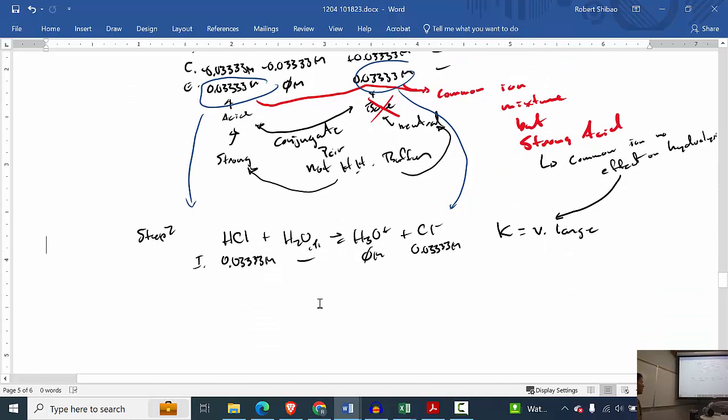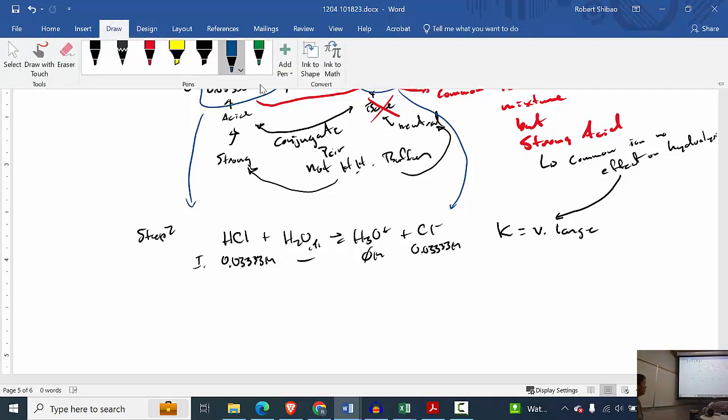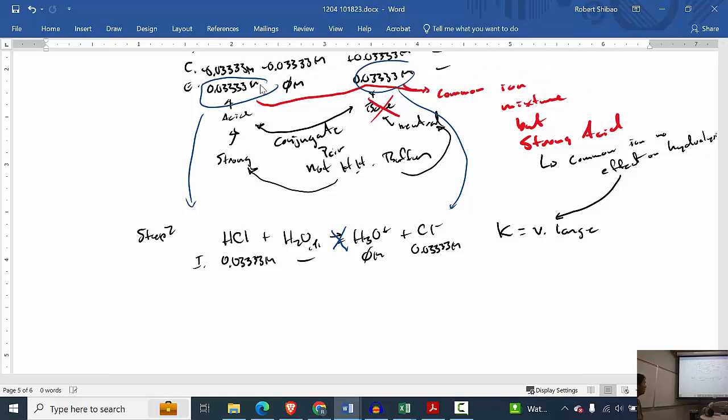This is a one-way reaction. And so I shouldn't even draw two arrows there. I should just draw this as one arrow. It doesn't matter how much chloride I dump in there, it's not going to reverse this.